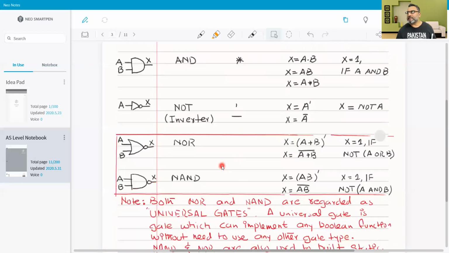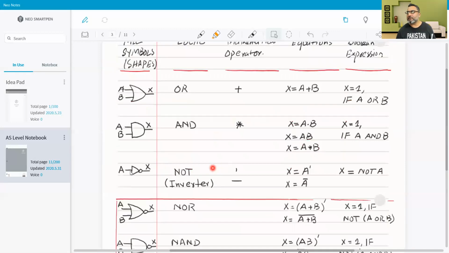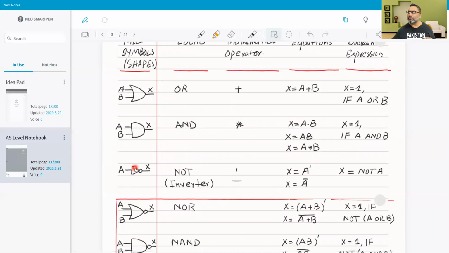Out of these 6 gates, just the NOT gate has one input, and the rest of the gates may have more than one input. The NOT gate is also called an inverter, but most of the time it is called a NOT gate.